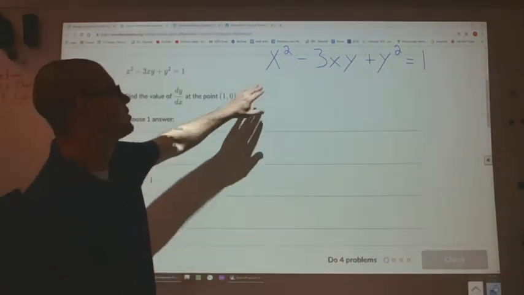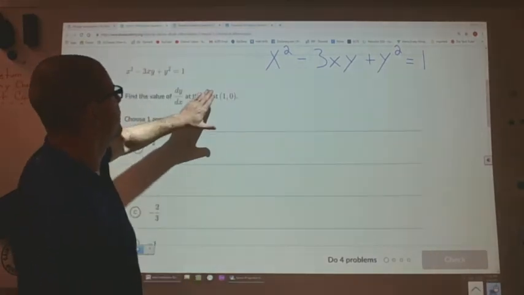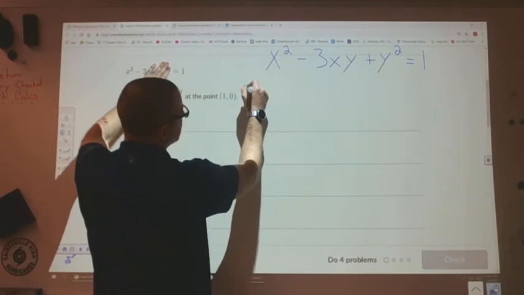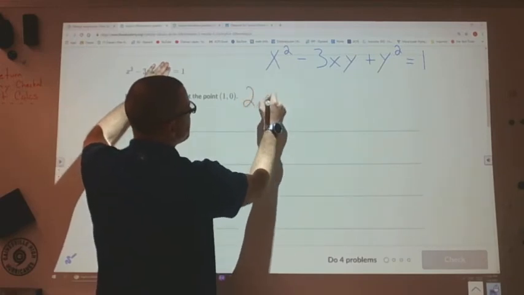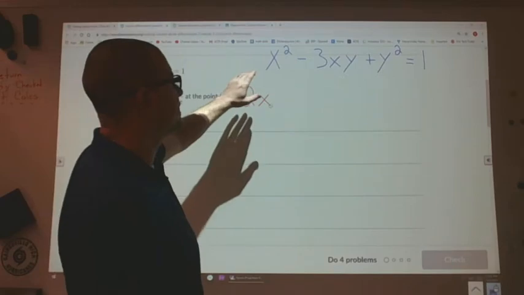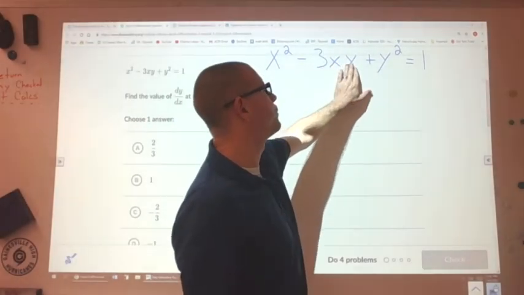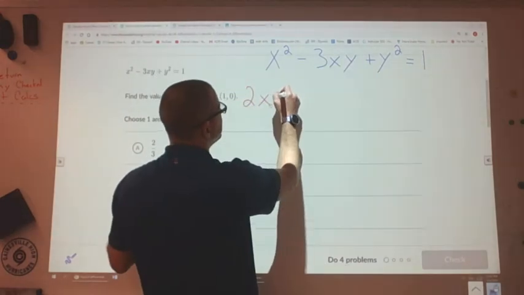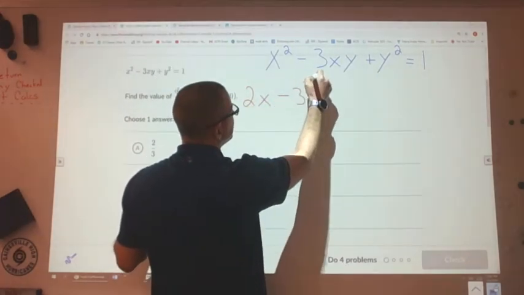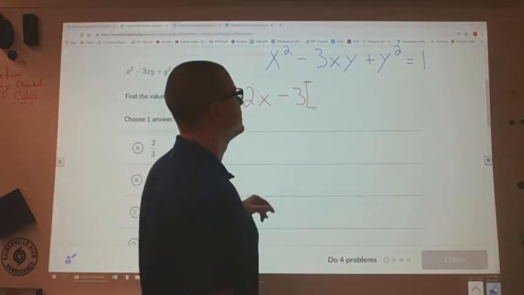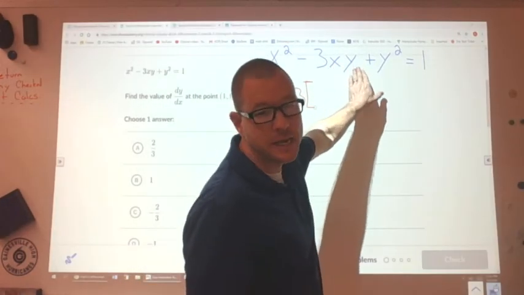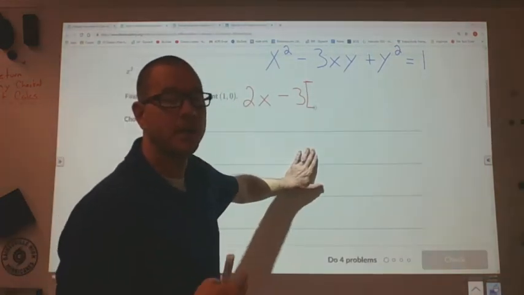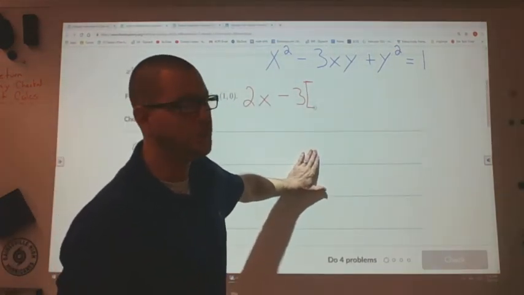So that first term, x squared, the derivative of x squared with respect to x would be 2x, just power rule. Okay. Then we get to this 3 times x times y. I'm going to separate that a little bit. So the minus 3, I'm going to factor out, and then I'm going to do product rule to get the derivative of the x and the y, which is literally writing the product rule, 1d2 plus 2d1.